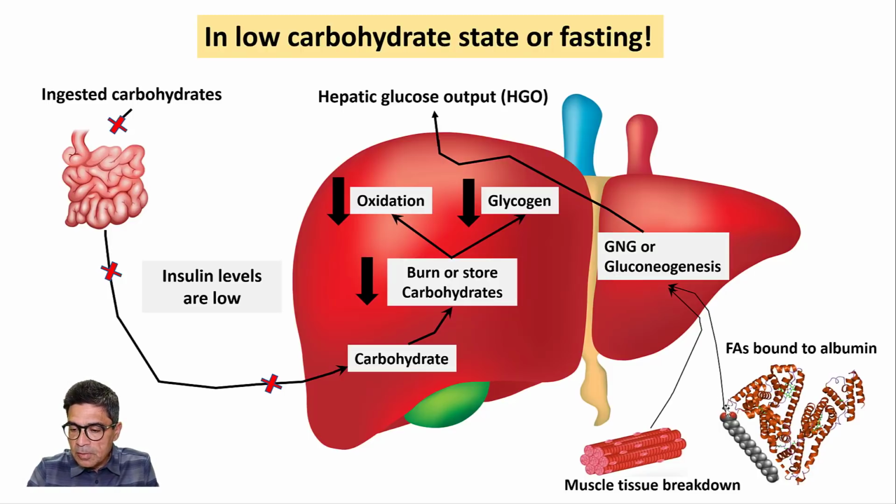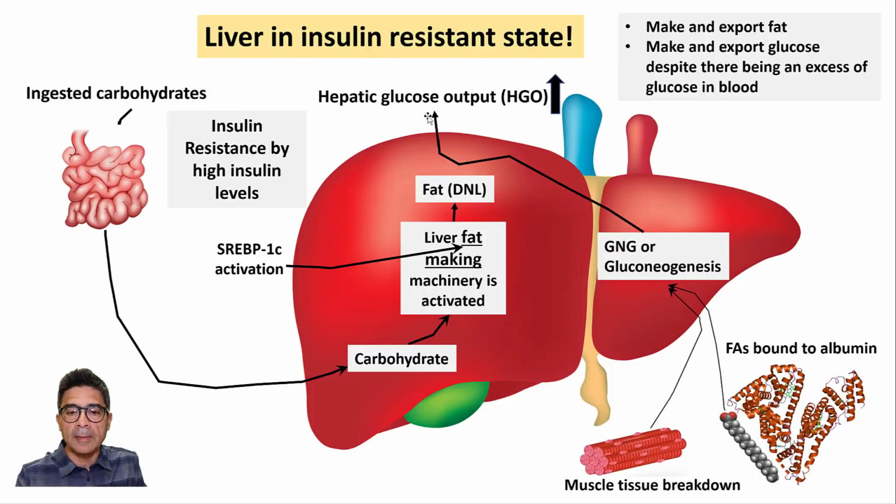So it's going to take the glycerol from the fatty acids and take amino acids from muscle breakdown, and in the process of converting it into glucose through gluconeogenesis, it increases what is called hepatic glucose output. So in the fasted situation, in a low carb situation, the liver is charged with the responsibility of making glucose for brain use. And that's an important function. But when somebody is eating, that hepatic glucose output should be shut down so that glucose levels don't go up.